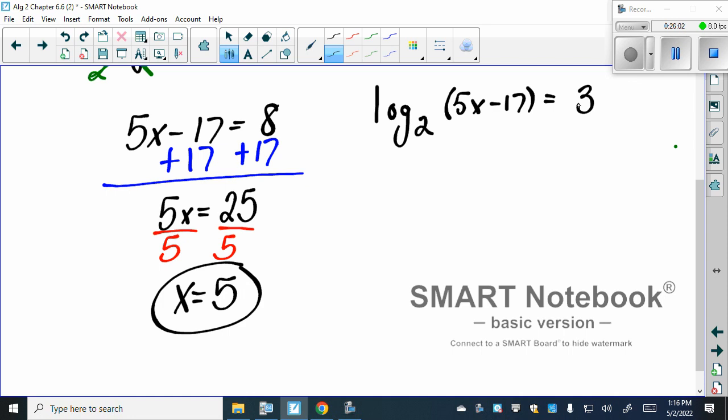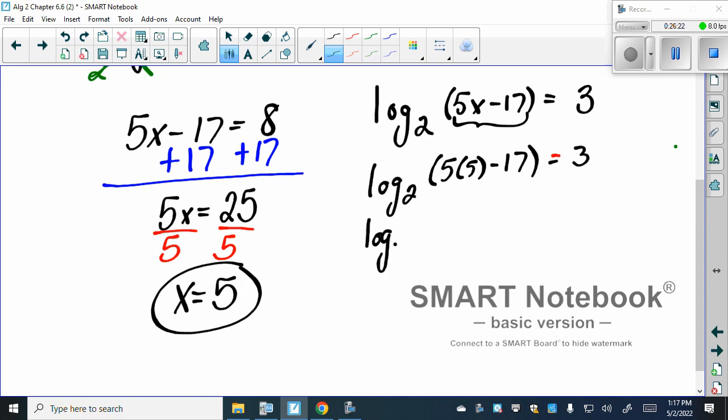Now with these here, we need to make sure whatever's inside the logarithm is not 0 or negative. It's not so much focused on the value of x, but what's left inside here. So if we plugged 5 back in, we would get 5 times 5 minus 17 equals 3. Now 5 times 5 is 25.